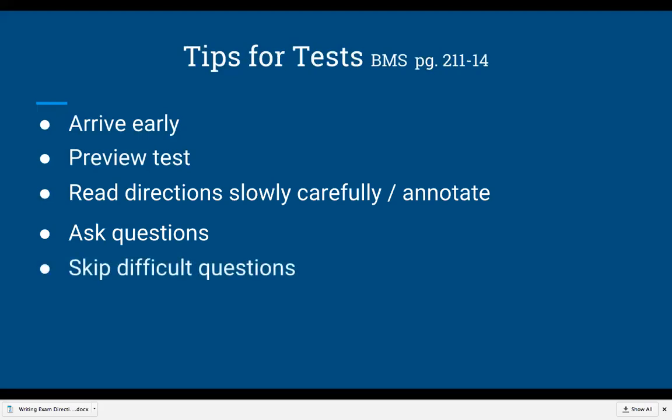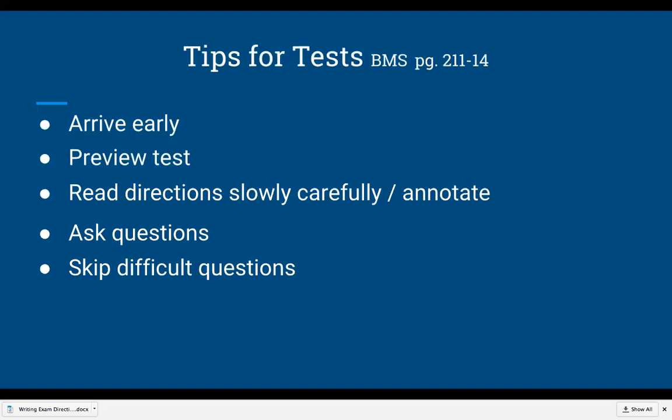Your book suggests skipping difficult questions and going on to the easy questions first. This is a good way of getting all the questions or information that's floating around in your head out quickly. And then you know how much time you actually have left for the rest of the test.